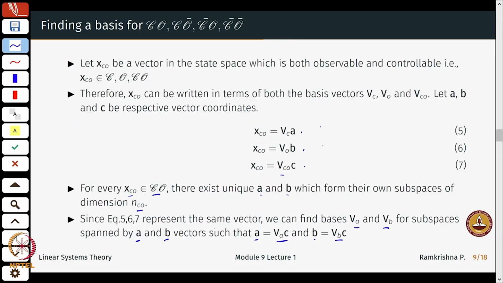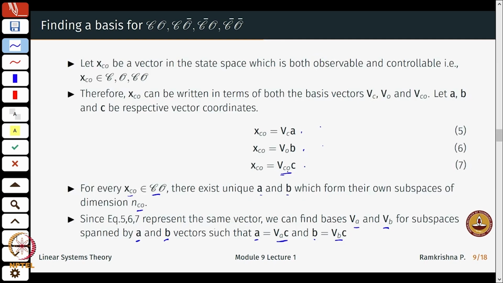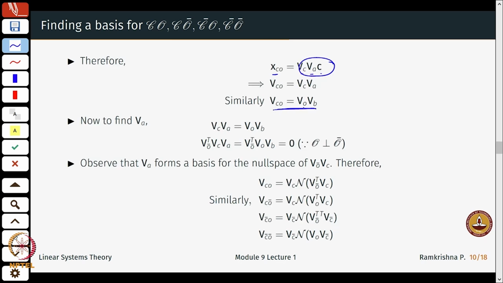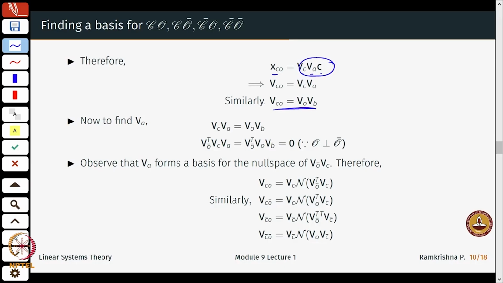So, therefore, xc naught would be Vc VA times C, which essentially means that if we compare this expression and this expression, something like this holds true, which is also what we derived over here. Vc naught is Vc times A and Vc naught is also Vo times Vb.